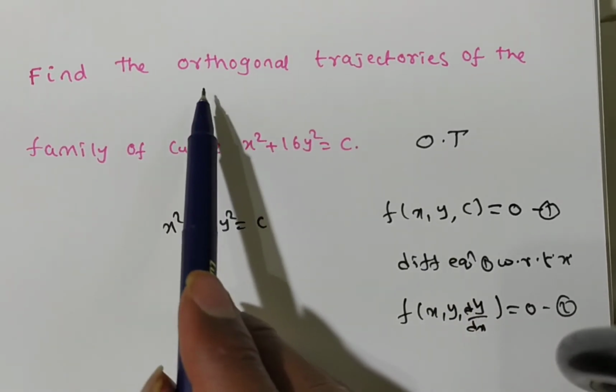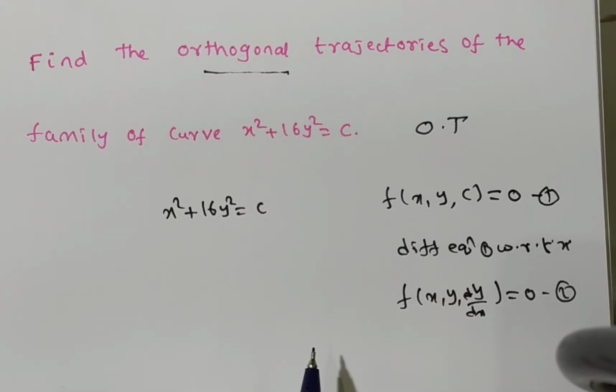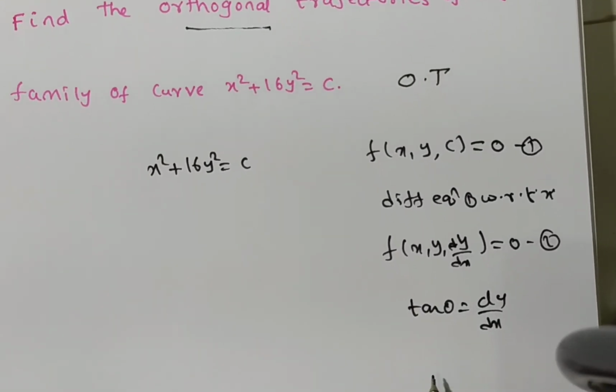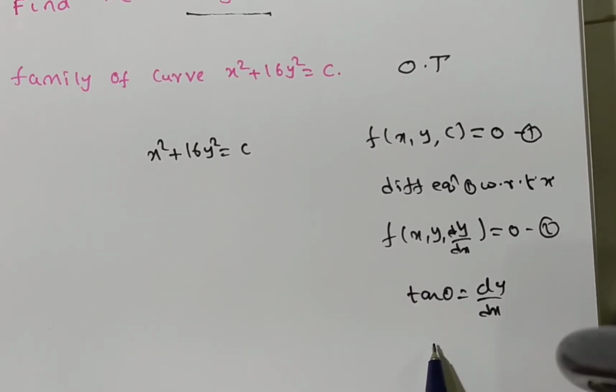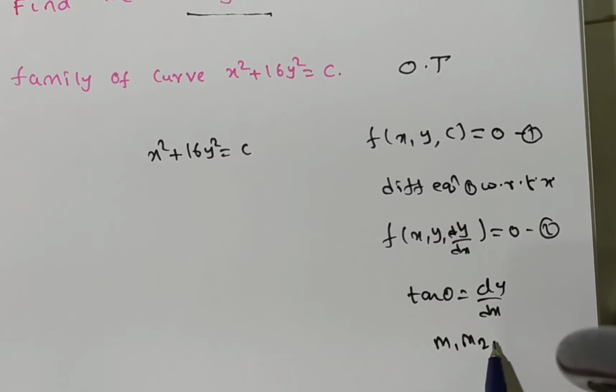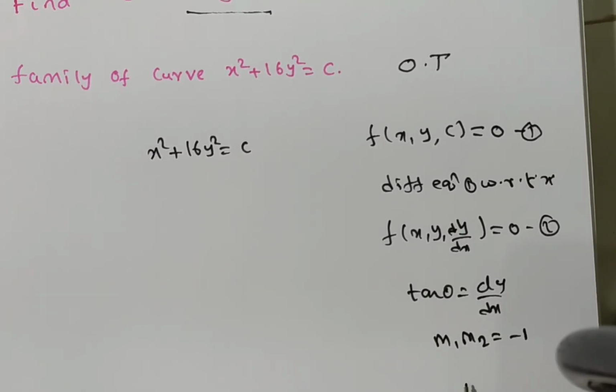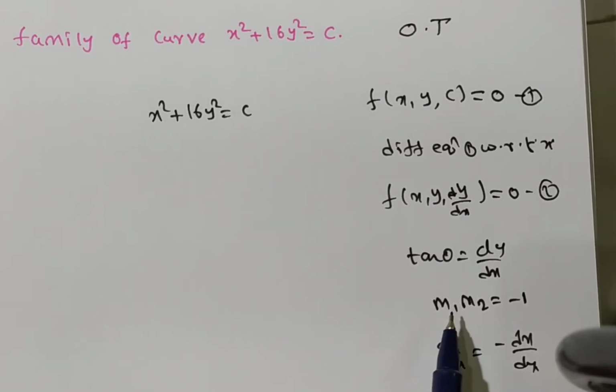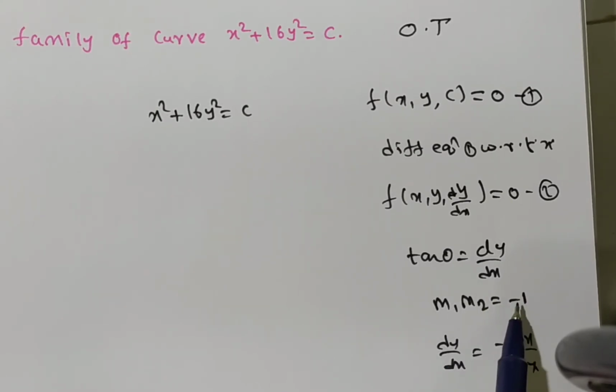But what we need to find is the orthogonal trajectory. Generally tan theta we denote with dy by dx. For orthogonal curves, m1 into m2 is equal to minus 1, so m2 is equal to minus 1 by m1.